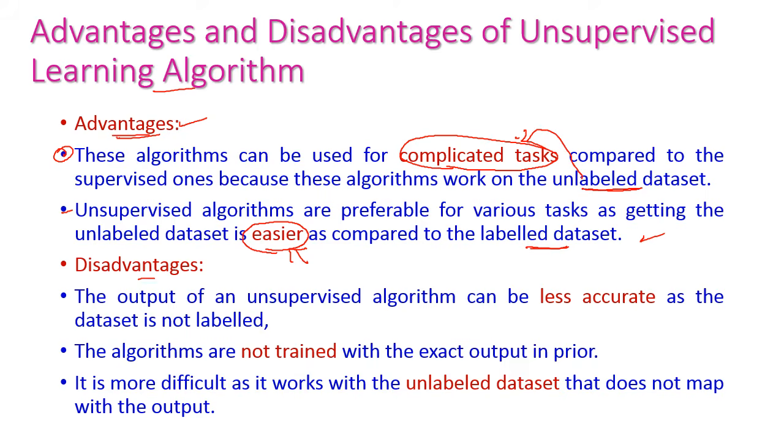When it comes to drawbacks, the output will be less accurate, because the data is not labeled, isn't it? So this is the first drawback. The algorithm is not trained with exact output, hence the accuracy will automatically be reduced.